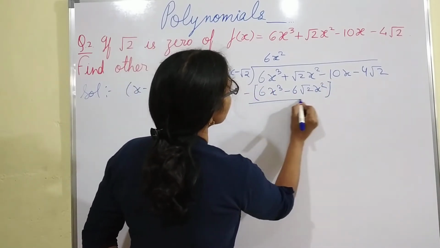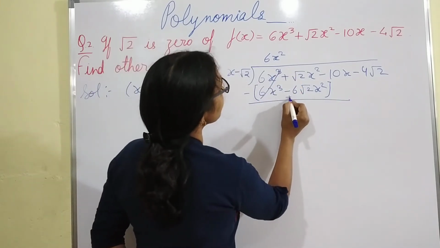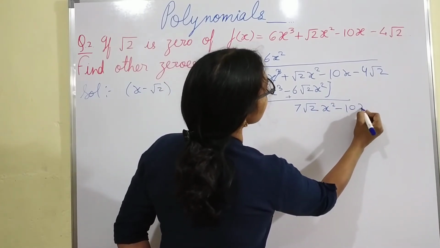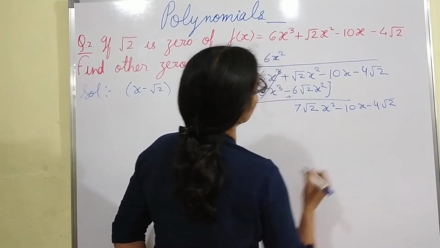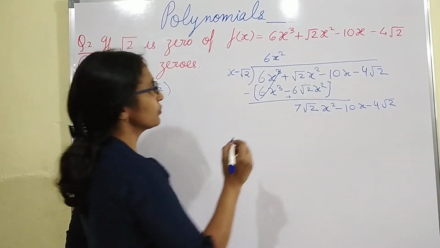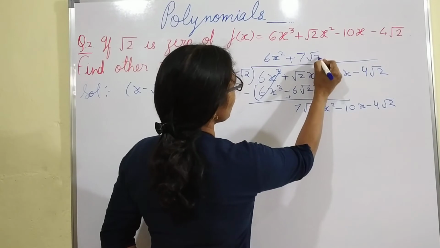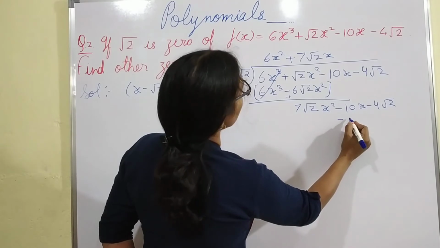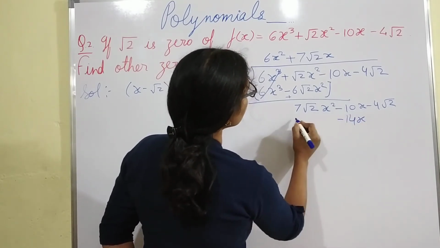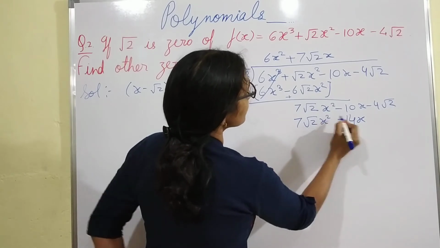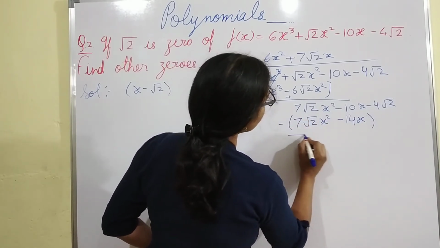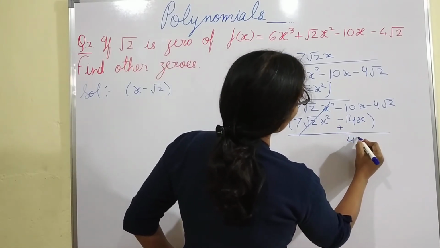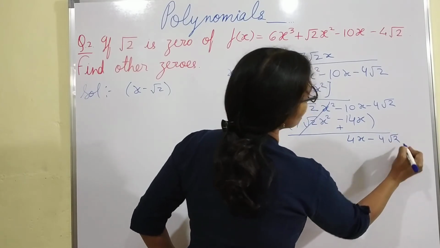Now subtract; these two will be cancelled. Here it is plus, so 7 root 2 x square minus 10x minus 4 root 2. Now we take plus 7 root 2 x, so it will become 7 root 2 x square minus 14x. This is cancelled, and here it is plus, so 4x minus 4 root 2.